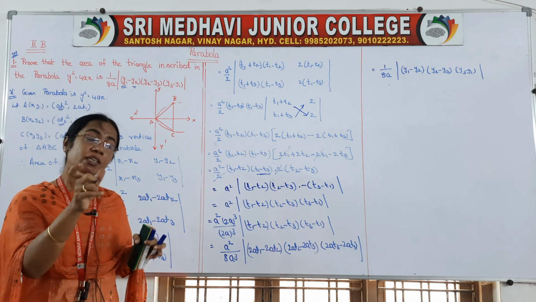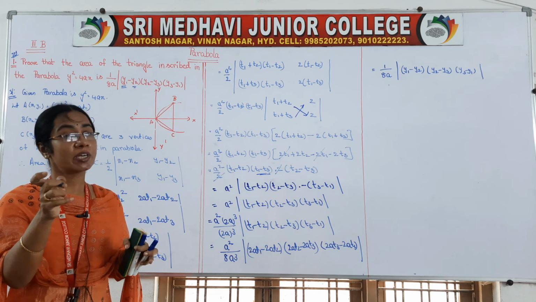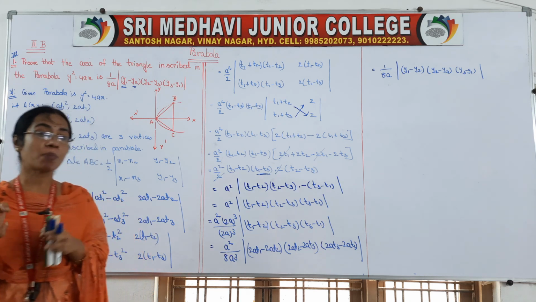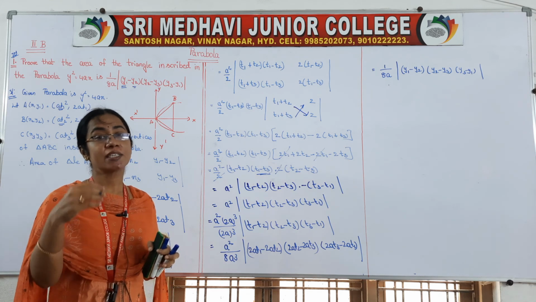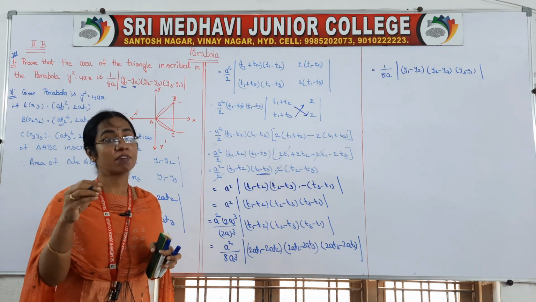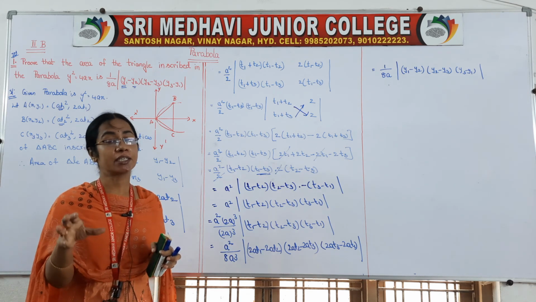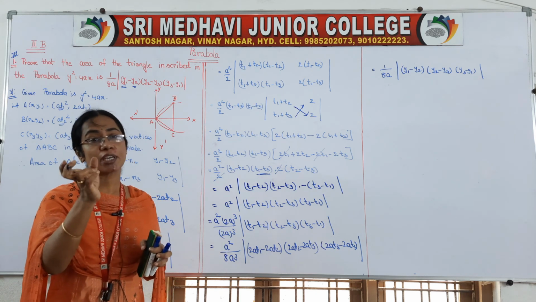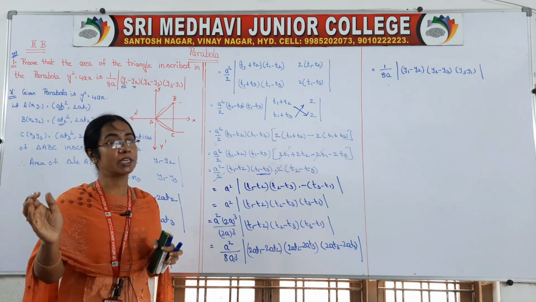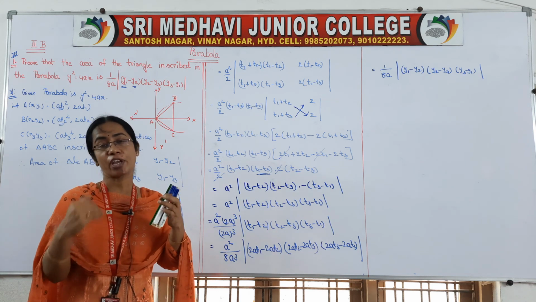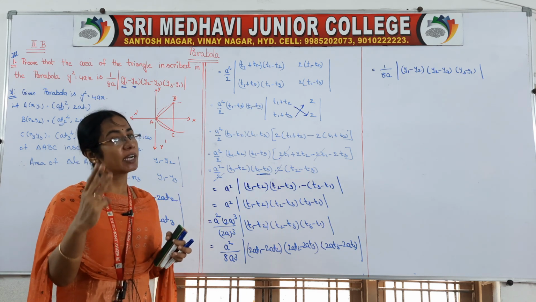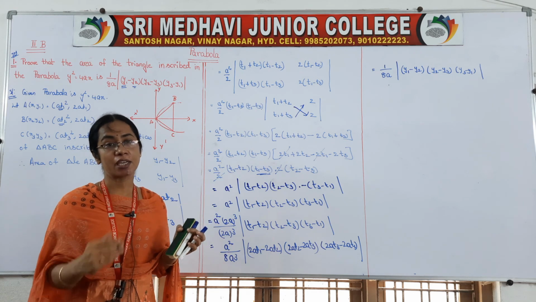So you take these A, B, C points as parabola points. In the parabola, we will take the points in parametric form, (a t1 squared, 2a t1), right? Next (a t2 squared, 2a t2), like that we have to take 3 points, right? Then you take the area of the triangle.